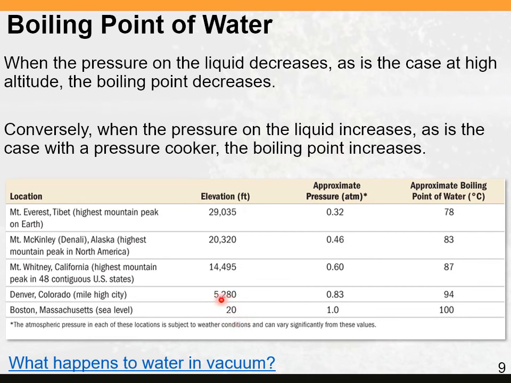At sea level, atmospheric pressure is 1 atmosphere. Therefore, water boils at 100 degrees Celsius. But if you increase your altitude, if you climb the top of a mountain, the air gets thinner, air pressure gets lower. At the top of Mount McKinley, the approximate pressure is 0.46 atmospheres.